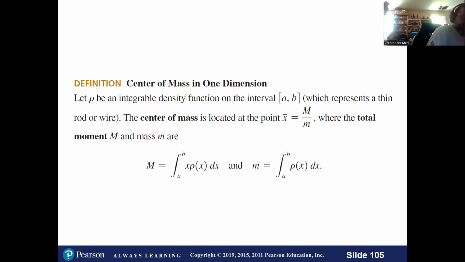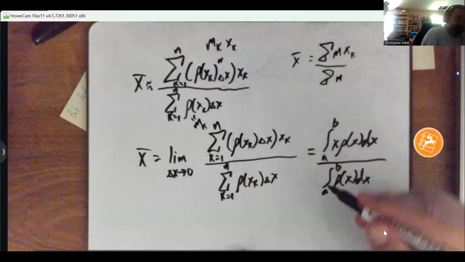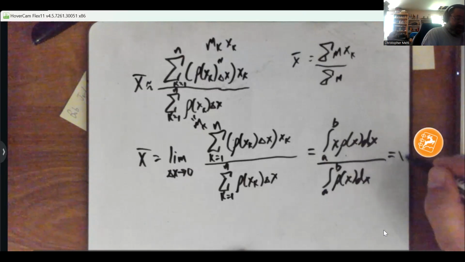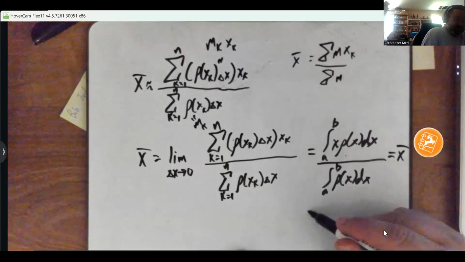You should be able to see it: integral from a to b of x rho of x dx divided by the integral from a to b of just rho of x dx. That is the center of mass x bar. And so you can see the formula put together here. Okay. This is your center of mass.